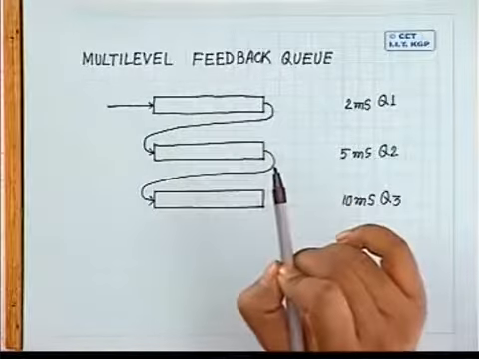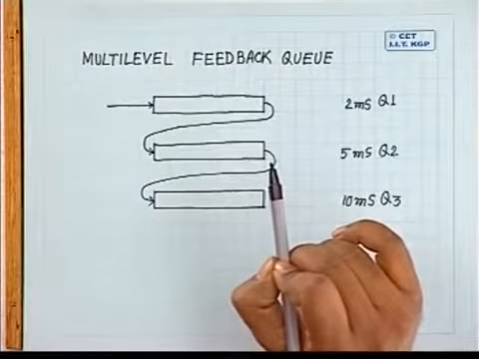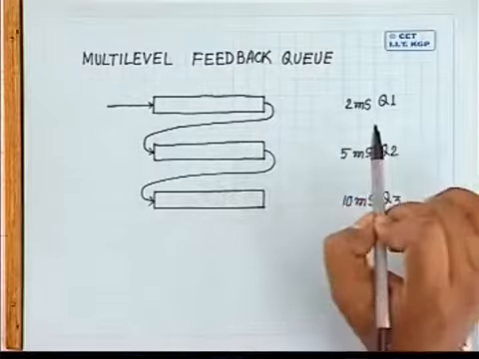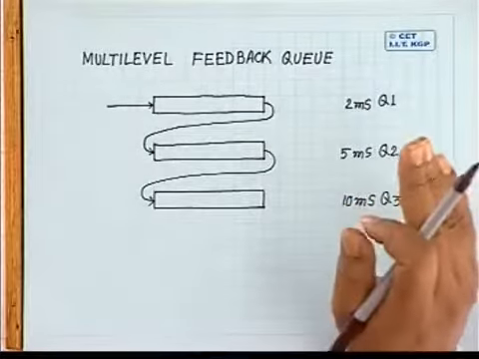If the CPU burst of the job is less than 2 milliseconds, that means the CPU burst of the job is complete before the timer interrupt comes. When the 2 millisecond timer interrupt comes, the job remains in queue number 1. If the CPU burst of the job is greater than 2 milliseconds, that means even when the timer interrupt has occurred, the CPU burst of the job was not complete.